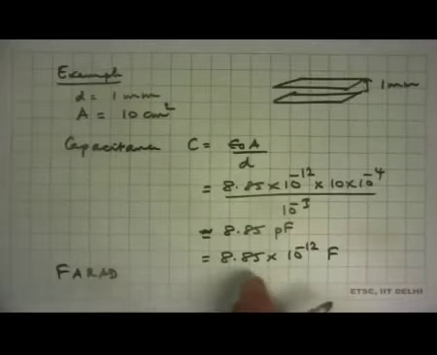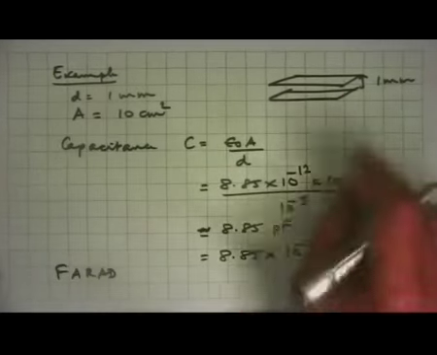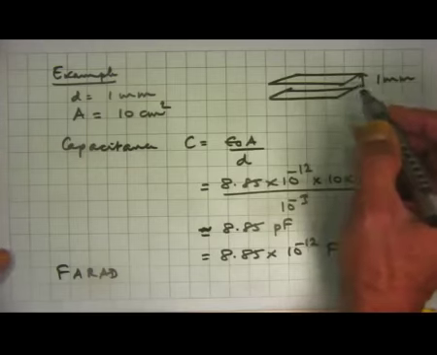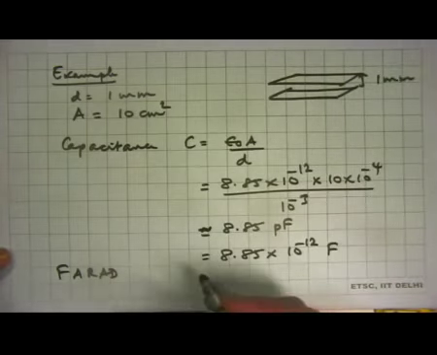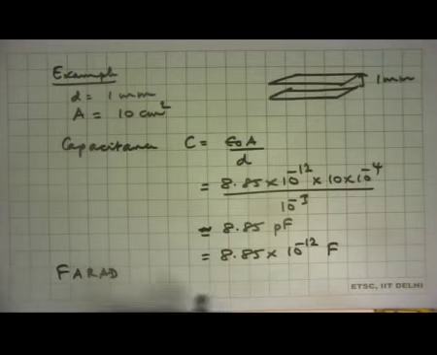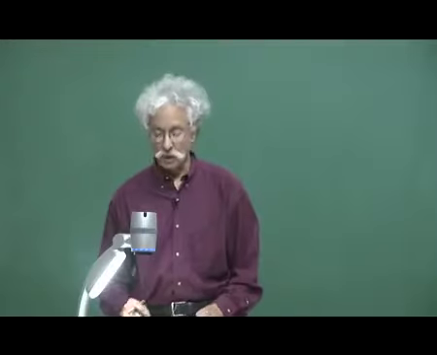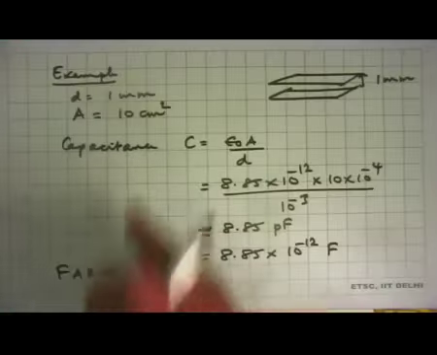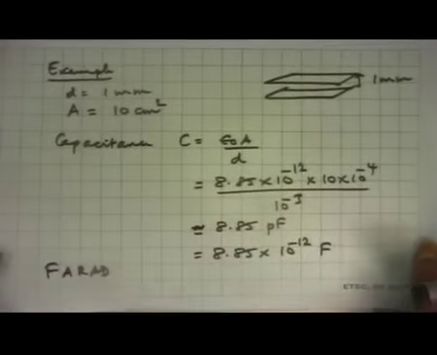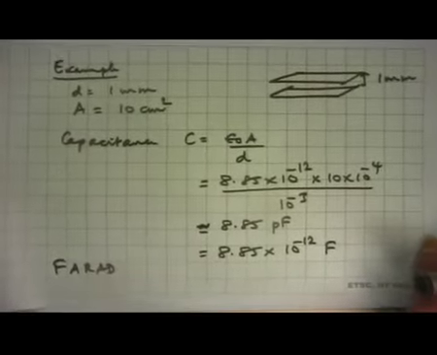And so, the capacitance of this parallel plate capacitor with two plates separated by 1 millimeter and each having an area of 10 centimeter square is 8.85 picofarads. So, farad is a unit of capacitance, and this particular farad is a very large quantity. As you can see here, this parallel plate capacitor has a capacitance of 8.85 picofarads.